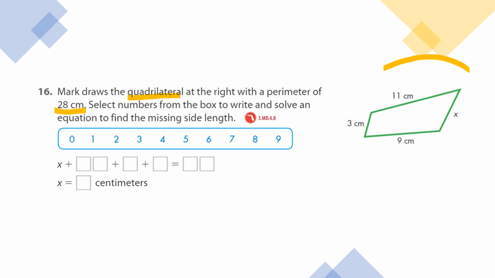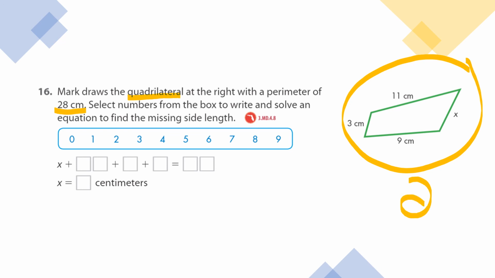So I know right away that this is going to equal 28. Select the numbers from the box to write and solve an equation to find the missing side length. So that's what my question is asking me to find here. So I know that I have x plus 11 plus 3 plus 9 is going to give me 28.